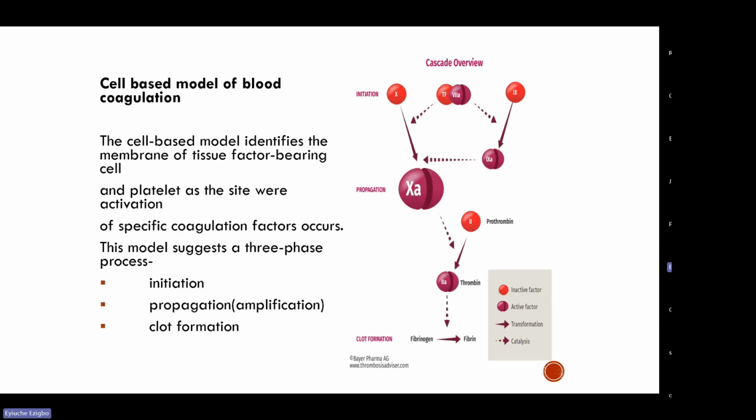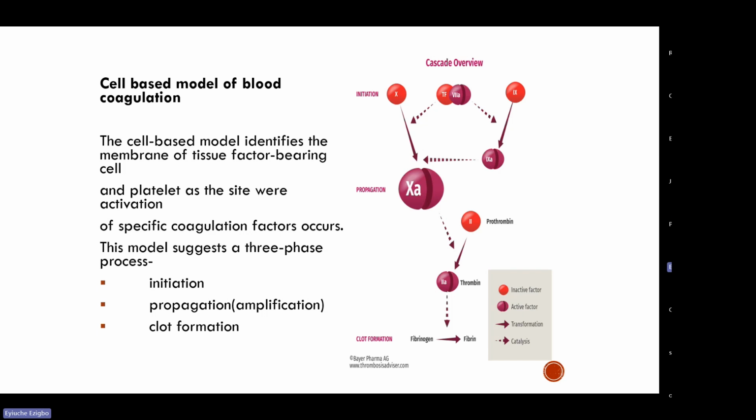So this is the overview of the cell-based model of blood coagulation, bearing in mind the surface of the cell where this coagulation process is happening. It's still the same process of factor 12 activating factor 11, activating factor 9, activating factor 10, and also factor 7 tissue factor activating factor 10 or factor 9.